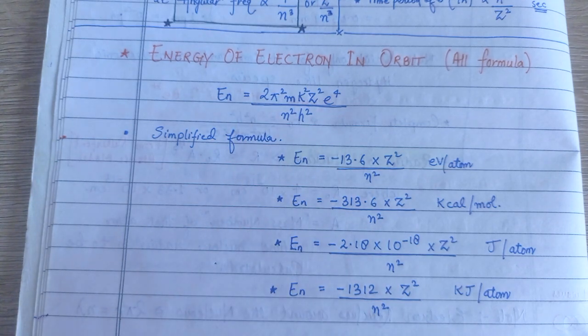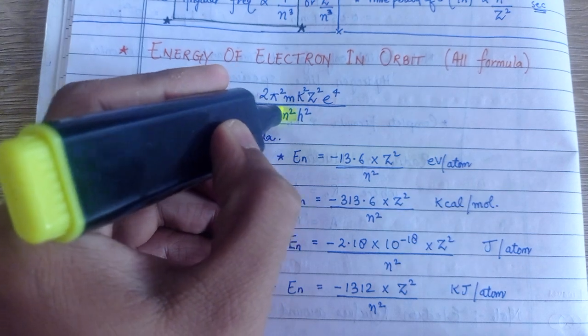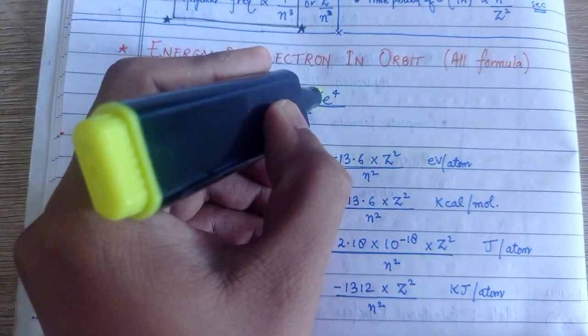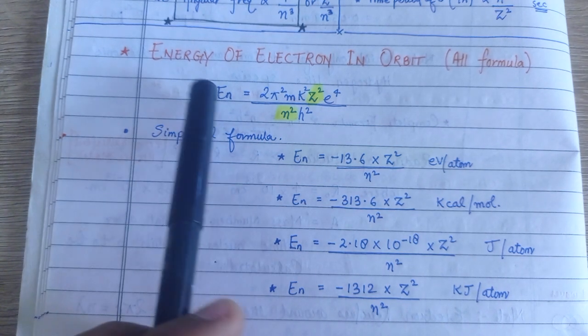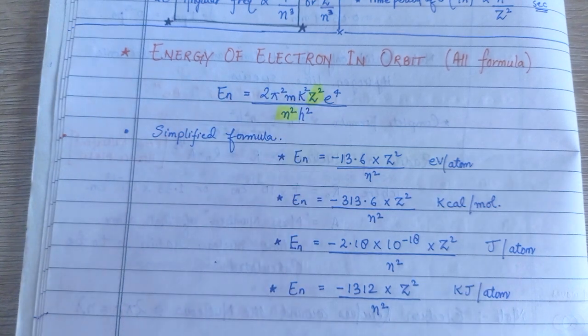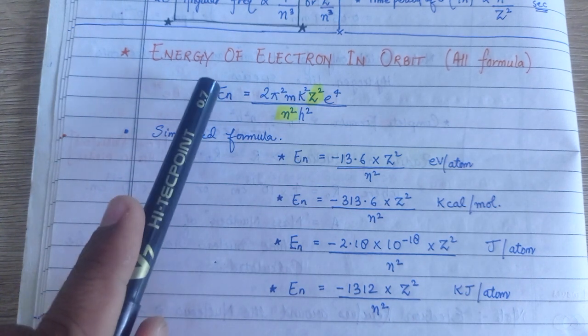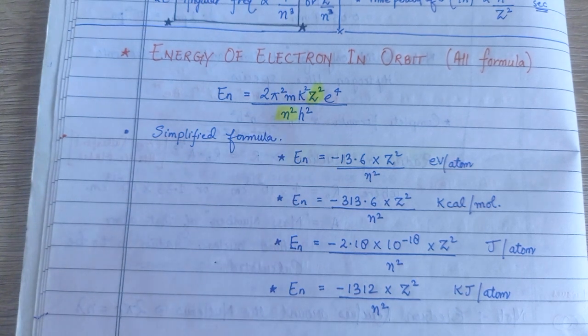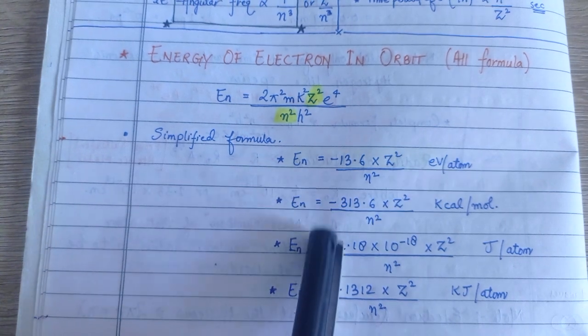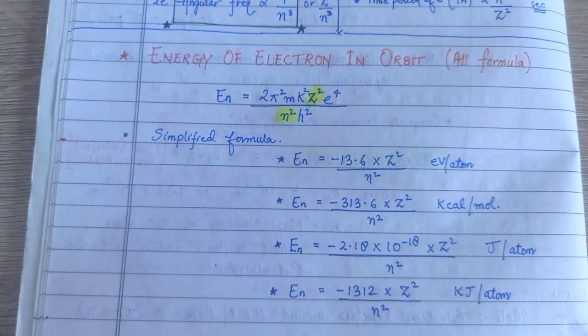You will observe that only n square and z square are not constant. So energy is directly proportional to the atomic number square, while energy is inversely proportional to n square. I will explain the consequence of the negative sign in all these formulas.